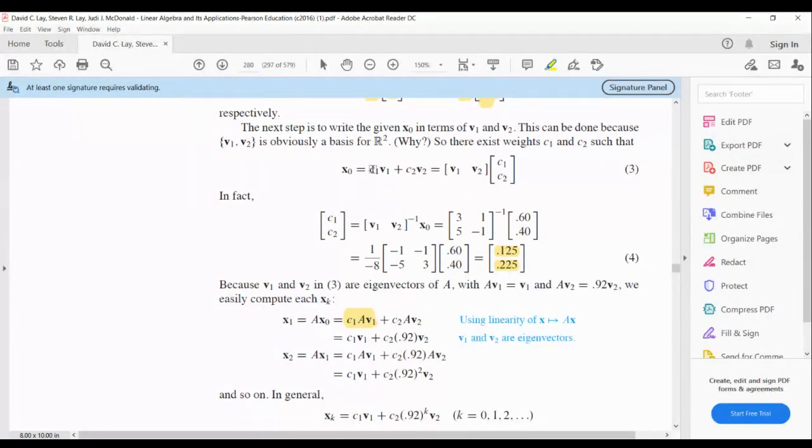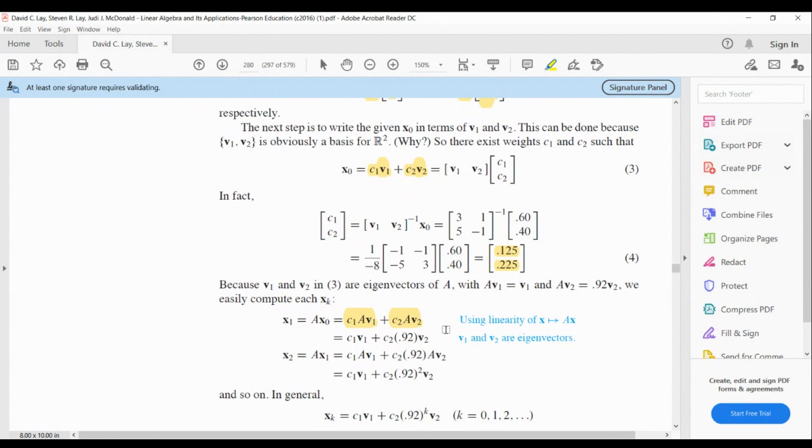If you take C1 V1 and multiply it by A, that C1 can be factored out. That's a matrix property. So you get C1 AV1. And then if you multiply A times C2 V2, you'll get C2 times AV2 because that C2 scalar can be brought out in front.